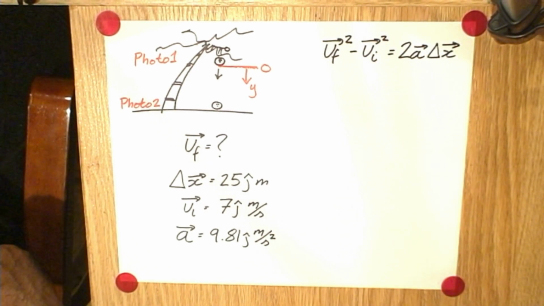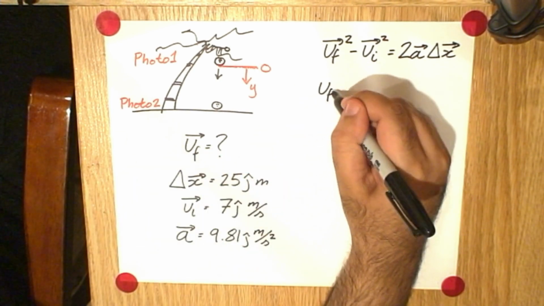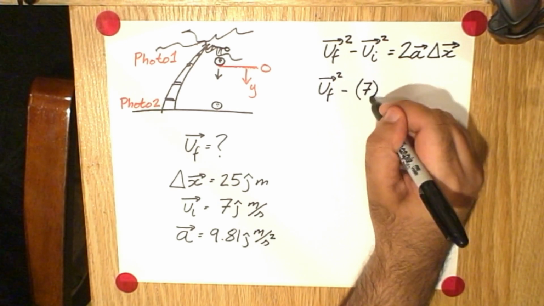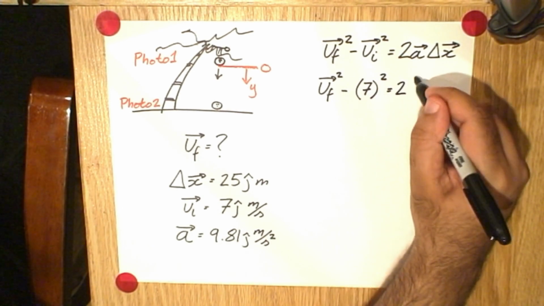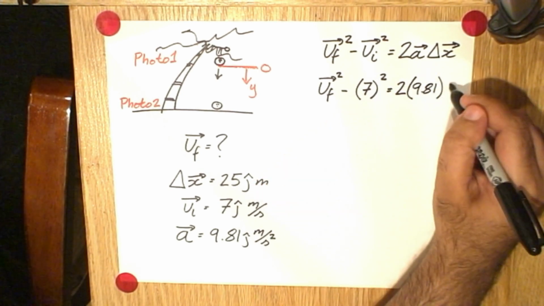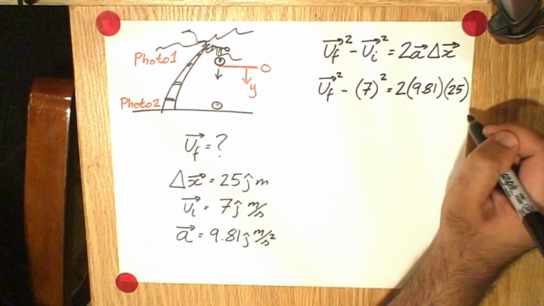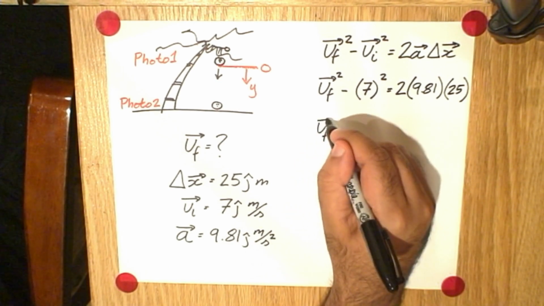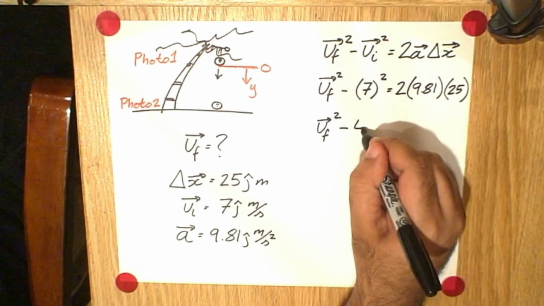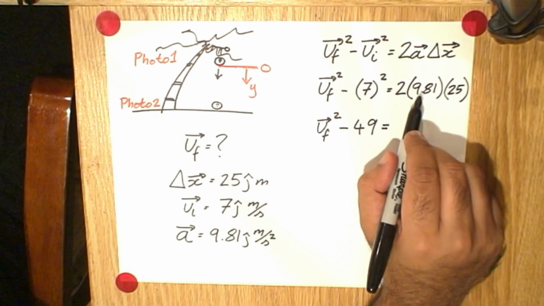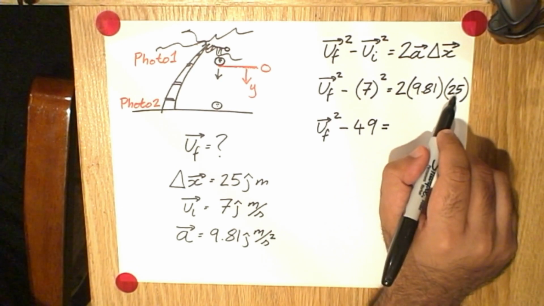Now, let's plug in all the information that we know. V final is unknown, but V initial was 7, is equal to 2 times the acceleration times delta x. So simplifying, V final squared minus 7 squared is 49, is equal to 2 times 9.81 times 25.